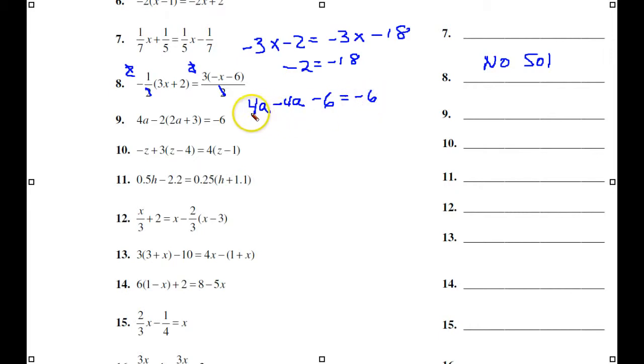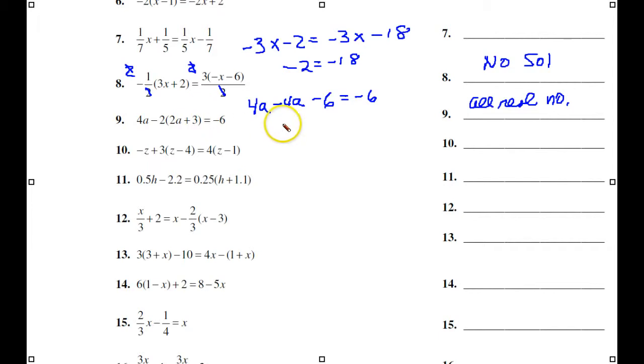Now notice the 4a and the 4a cancel out. So we're left with a negative 6 equals negative 6. That's a true statement. So for number 9, it's all real numbers. So no matter what number you put there and what number you put there would always make this true.